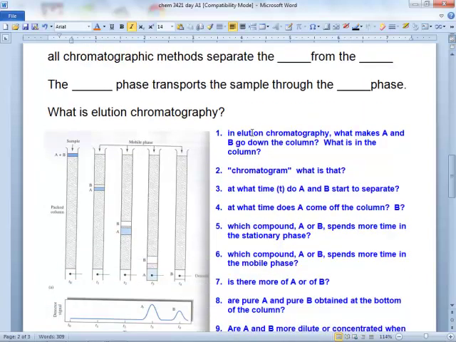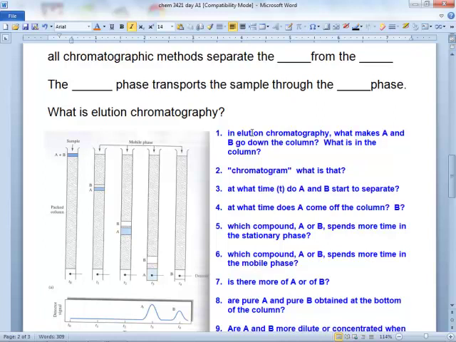Elution chromatography, a kind of special category of chromatography, separating analytes from their matrices. In elution chromatography, well, what is it first? This is supposed to be a general diagram of it. How would you describe what's going on in that picture in words? What do you have to do to keep it going?